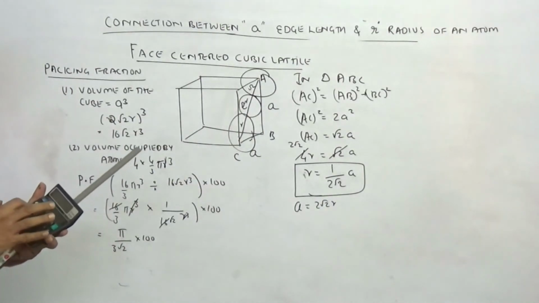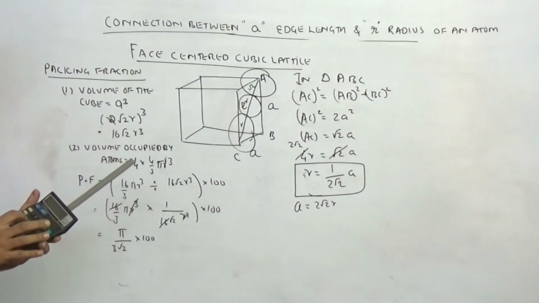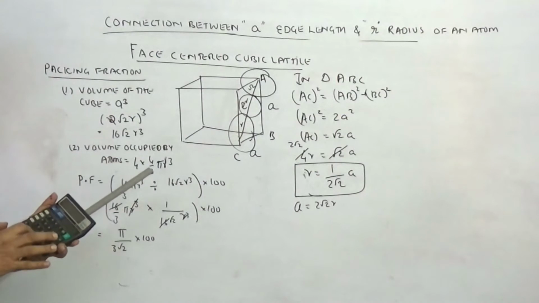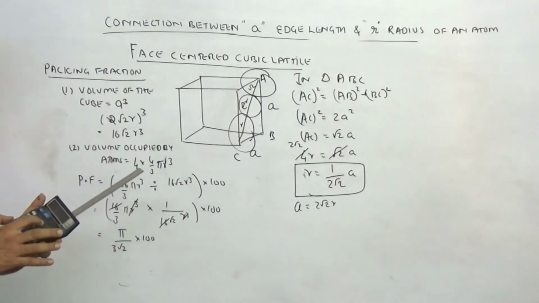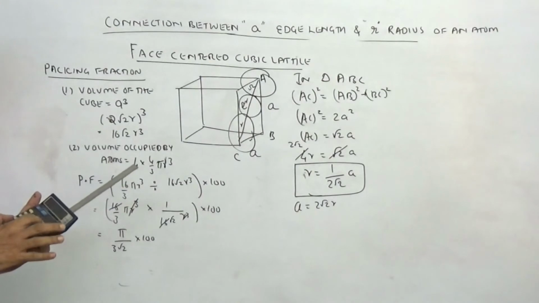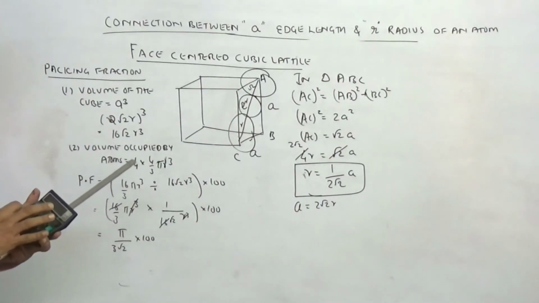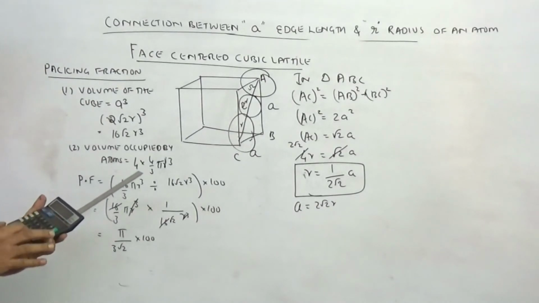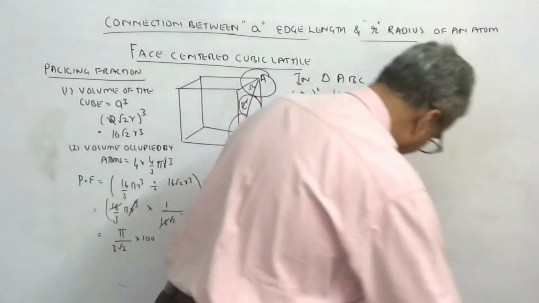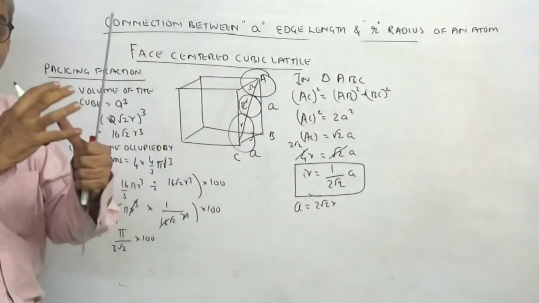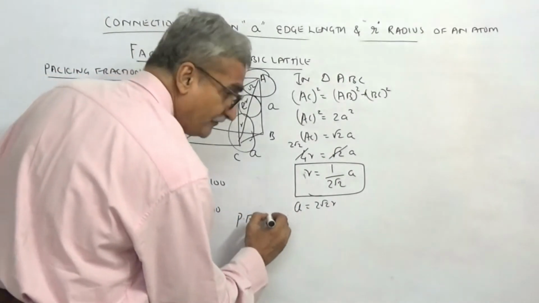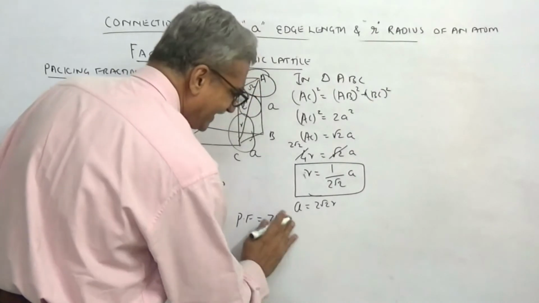Pi is 3.14 divided by 3, to keep our work easy, divided by 1.414, into 100. So that is 74%. When there are 4 atoms, your packing fraction PF is 74.02. Take it as 74%.